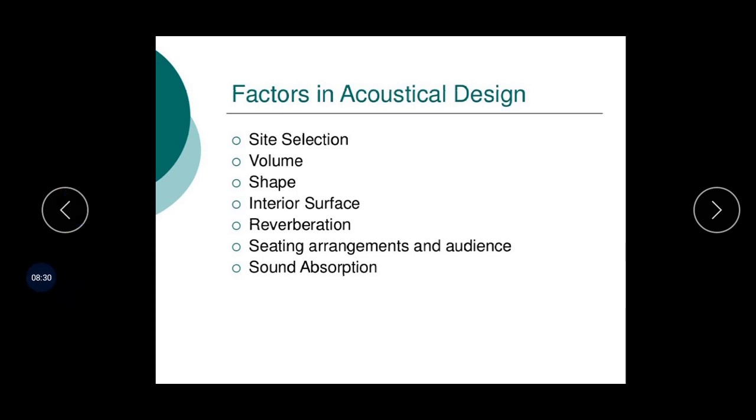In cinema theaters, the per person volume you can consider between 3.7 to 4.2 cubic meter. So like this you have to consider the volume. In planning the volume of a hall, height is of greater importance. Remember, height is of greater importance than either length or breadth. Next, we'll see the shape.